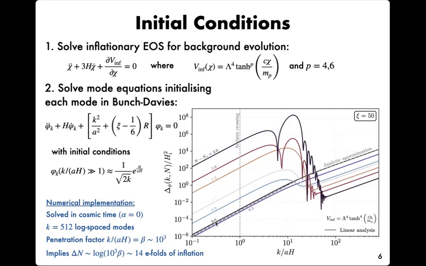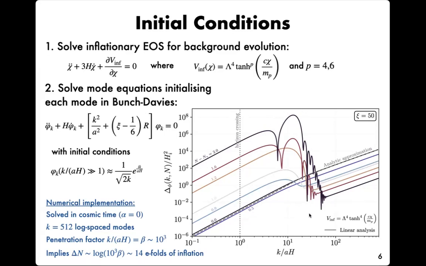So at early times, which is this black line, exactly at the end of inflation, you basically have Bunch-Davies. You have these two different power laws, depending on if you're at small k or large k. However, as you go to larger and larger values of time post-inflation, you start to see the occurrence of a peak.